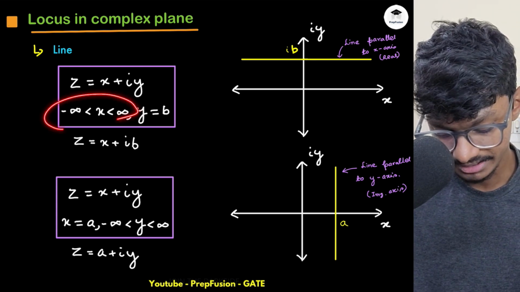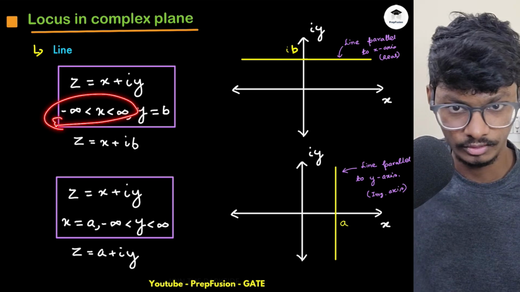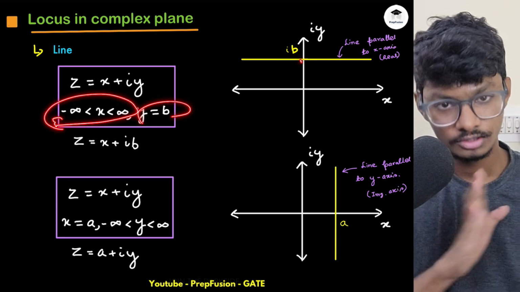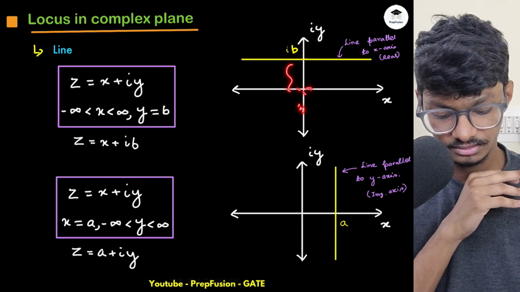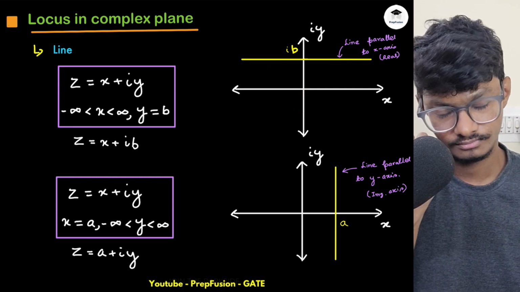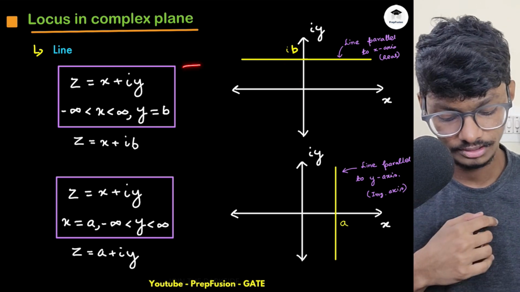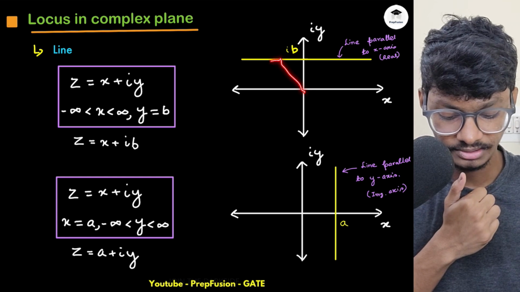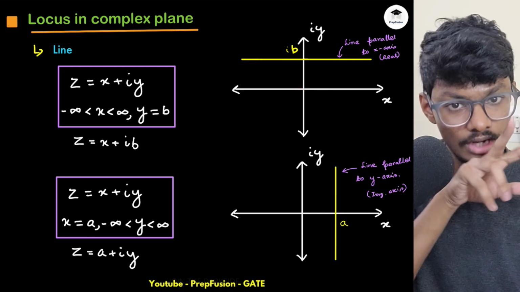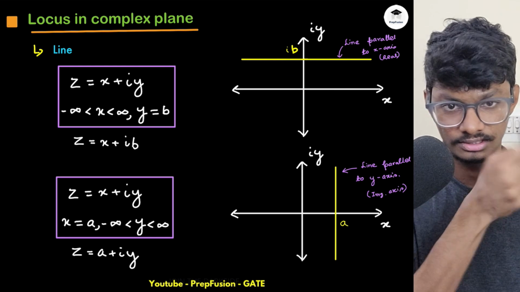So that is what 1D is. So if I vary my x from negative infinity to positive infinity, and my b is constant, okay? So the distance from the x-axis is constant, which is b, and my x is varying, so it will be like this. So you can understand from the pointer also. So my x is always varying, but my y distance is constant, right? So r is also varying, theta is also varying. So that is another way to understand.